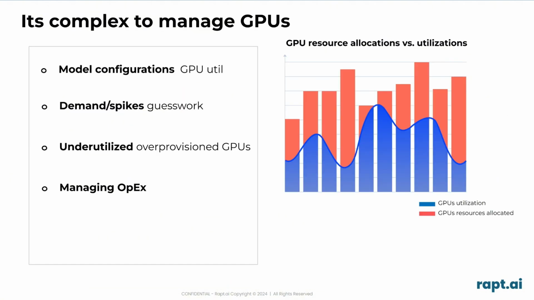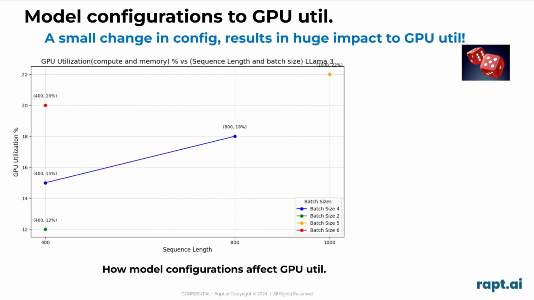If you look at a typical infrastructure, especially GPUs, it's hard to manage because most of it is underutilized but over-provisioned. It's not that somebody wants it that way, but because of the nature of the workload, you end up in this scenario. It's pretty complex to manage, and it directly affects CapEx in training and tuning, while in inference, managing OpEx becomes even more complex.